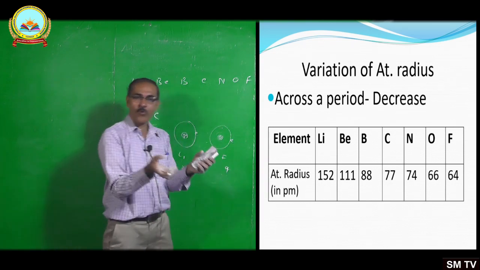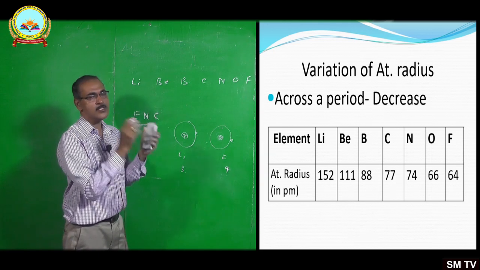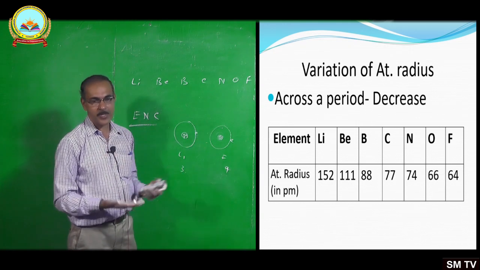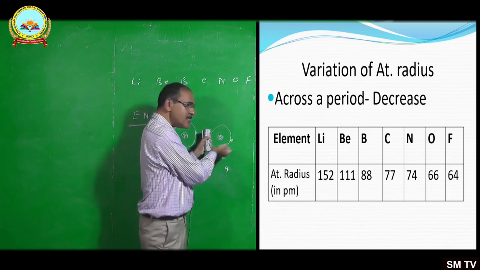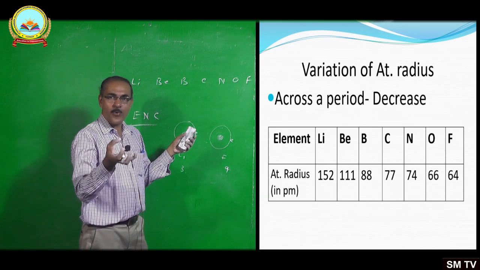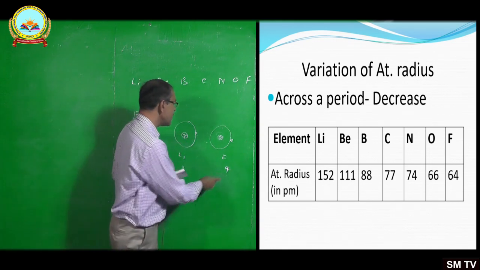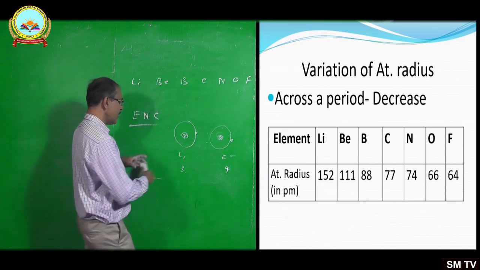This electron is more tightly held, this electron is held a little loosely. Then you can think about the radius. If the electron is held tightly, it will be pulled inside. The electron cloud is pulled inside. Therefore, naturally its size should be smaller. The same trend you can observe.